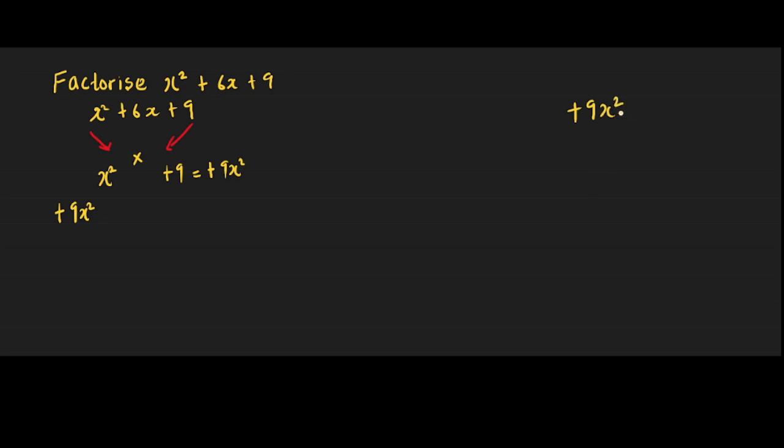For the x part, we know that definitely we are going to have x times x. Now, we are left with this plus 9. For plus 9, for us to have two numbers to multiply together to give us a plus, either the first number is a plus and the second number is a plus, or the first number is a minus and the second number is a minus.